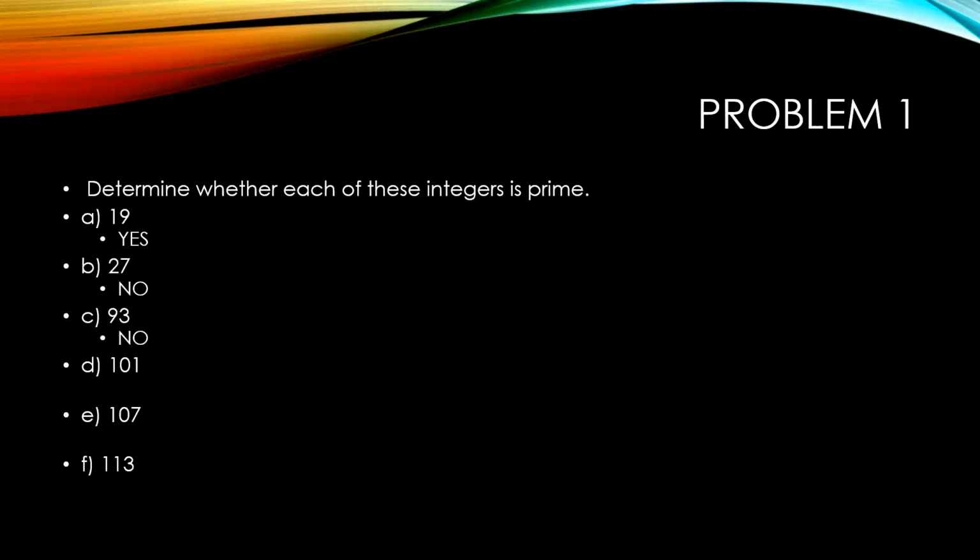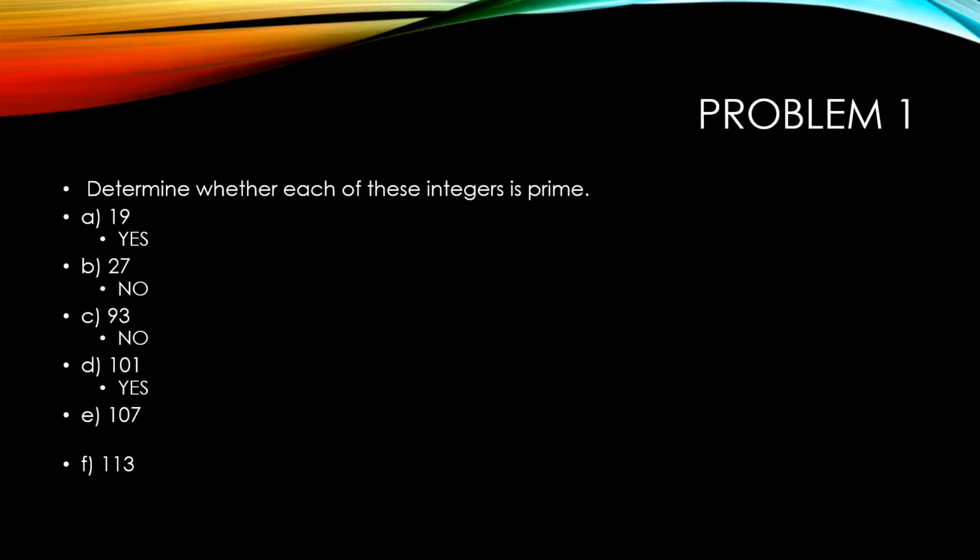Divide by 2, we have none equal to 0 as remainder. Divide by 3, the remainder is not equal to 0. How about 5? Definitely not equal to 0. How about 7? Definitely not equal to 0. Therefore, this is a prime number.